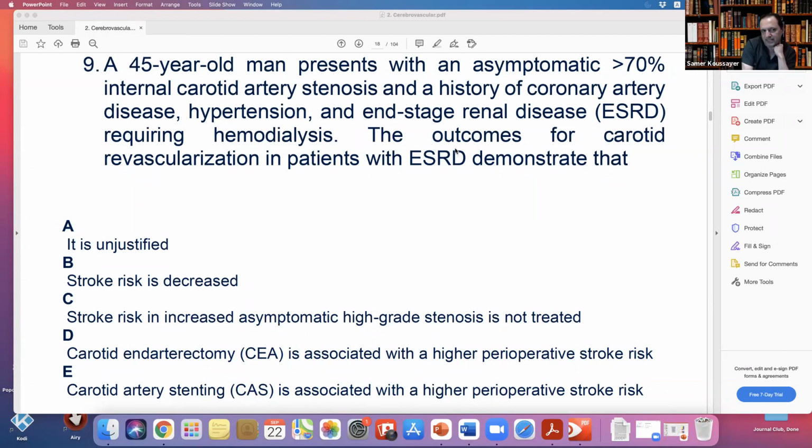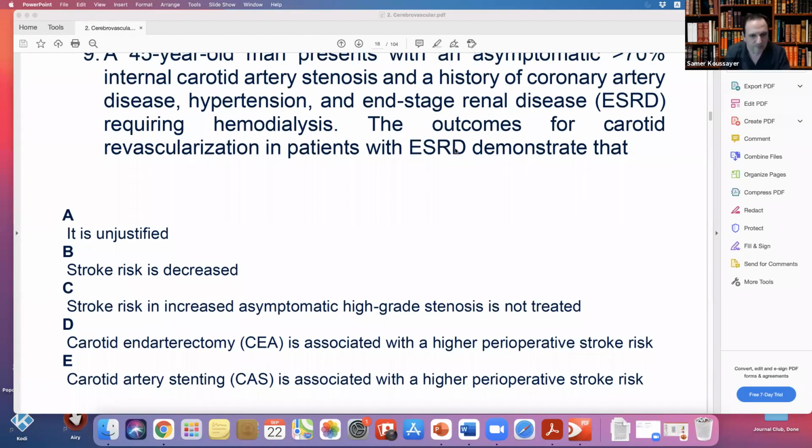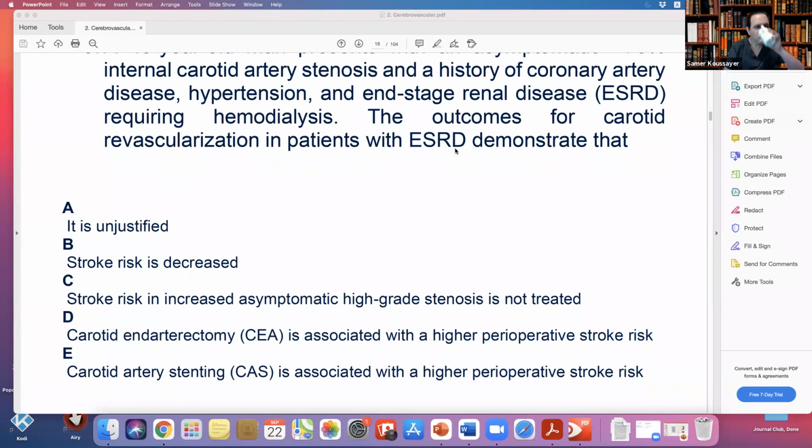But if you want to go with the exam, the published data showed that if you have end-stage renal disease and carotid stenosis, there's a high chance of stroke. So you have to be a bit more aggressive with this patient. Okay, let's see the question and answers. So it is unjustified?